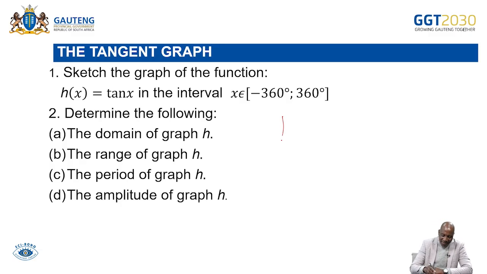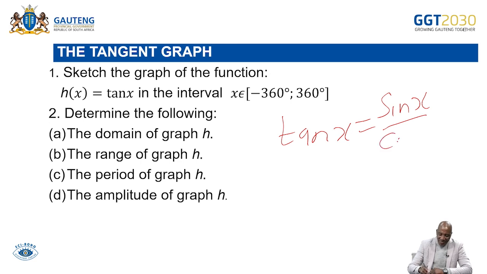Remember, tan of x is equal to sine of x, provided the angle is the same, divided by cosine of x. Keep that in mind. You'll understand why it behaves in a specific manner. Don't forget, tan of x is sine of x divided by cos of x. It will make you understand it better when you see certain things later.